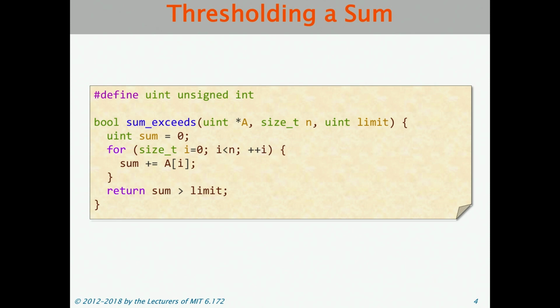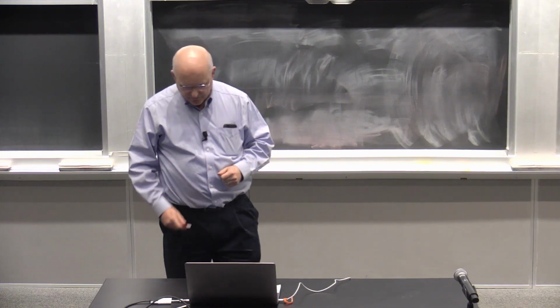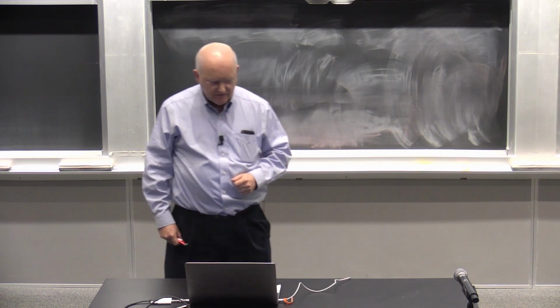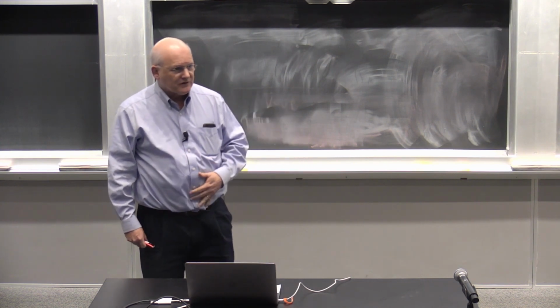I start out the sum at 0, and what I'm going to do is add up all the elements of the array, and if it exceeds the limit, then I'm going to return. So how might I optimize this code a little bit?